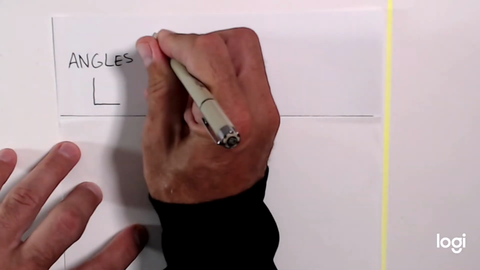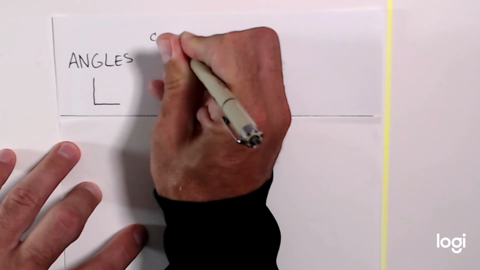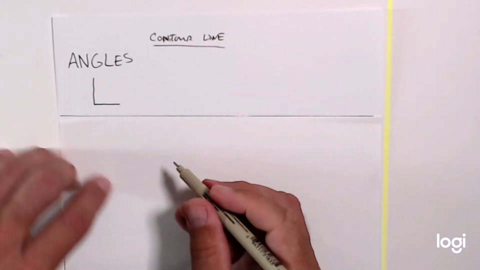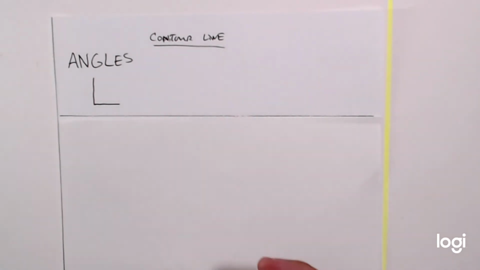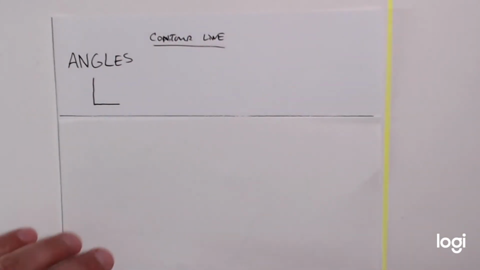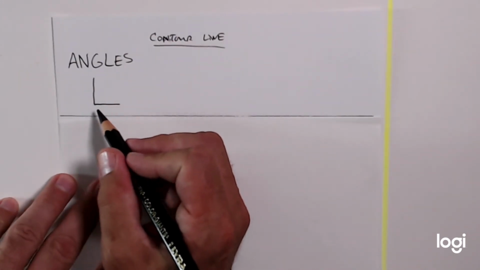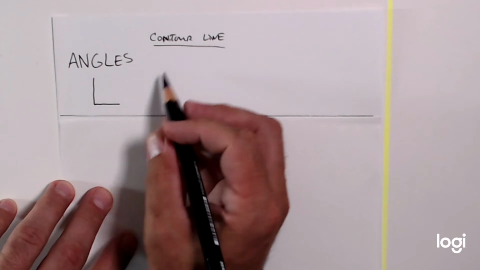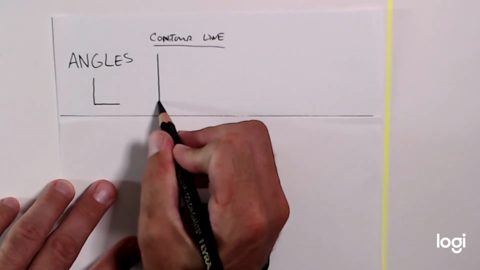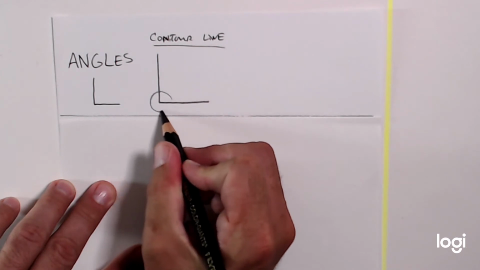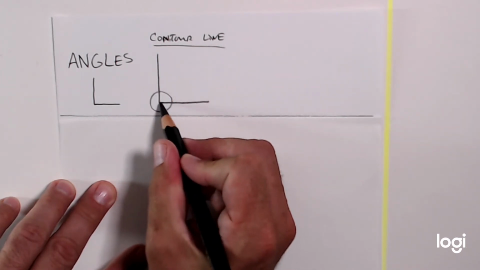So contour line, we're going to focus on angles. So I'm going to switch over to a pencil, and you guys can do this as well. And we're going to talk about a couple things to do with contour line. So the area that we're going to focus on for this demo is the area where the two lines meet, right here.